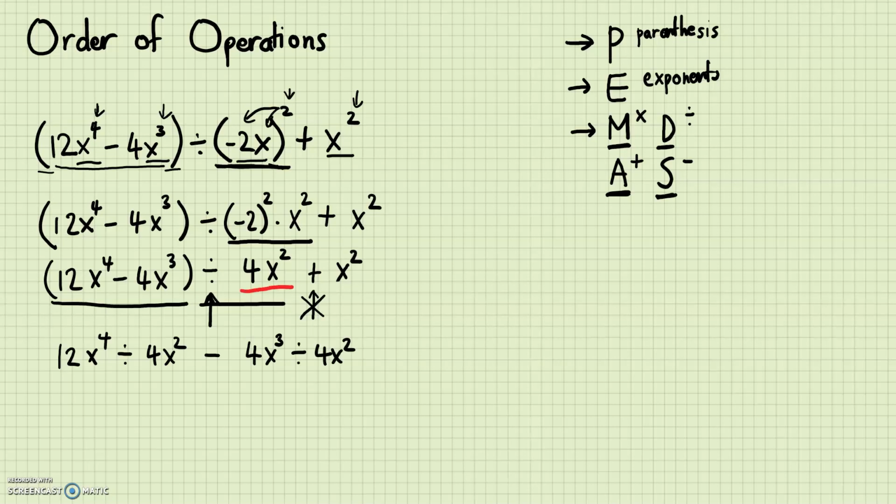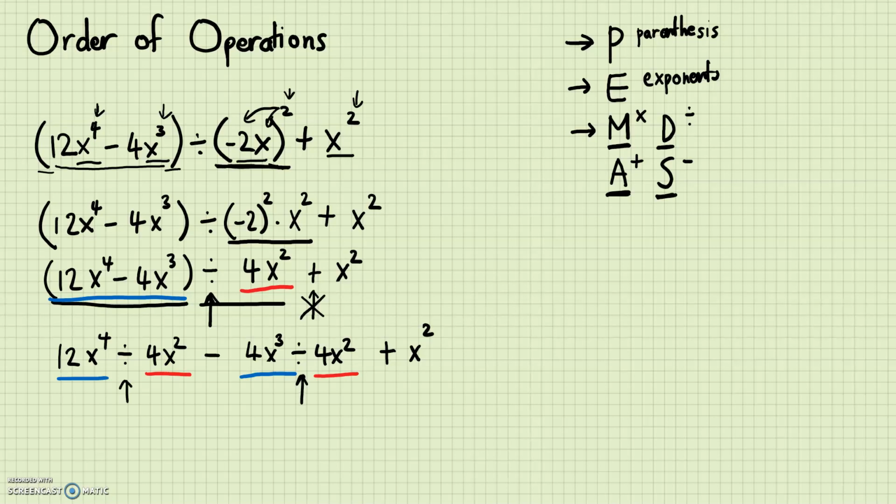The 4x squared has been distributed to each of the terms inside the parentheses. And don't forget the plus x squared at the end. So we need to do the division first before we do anything else.